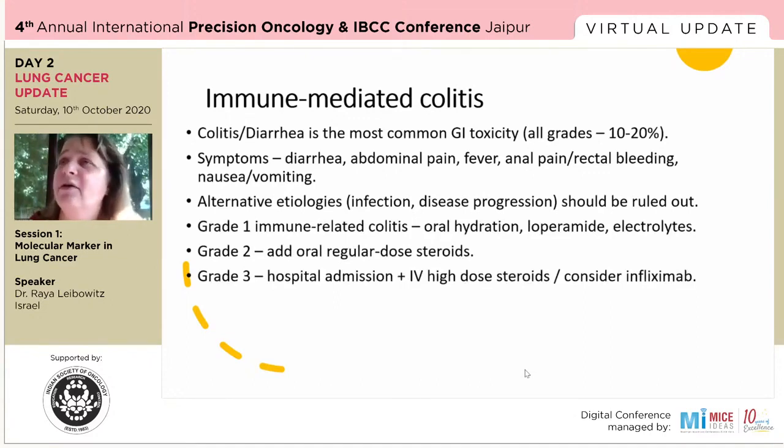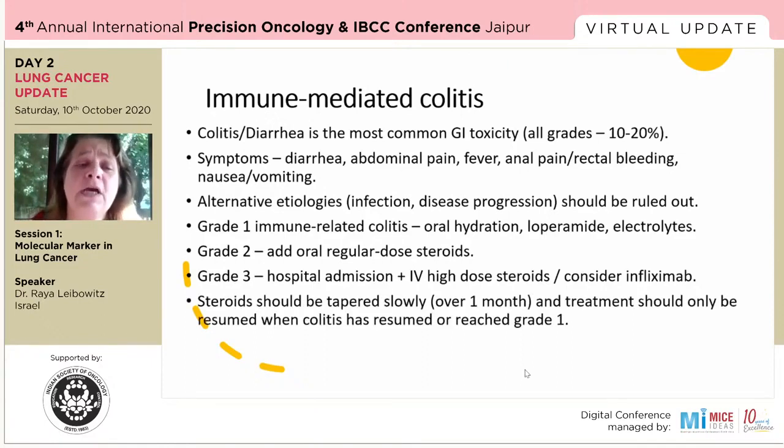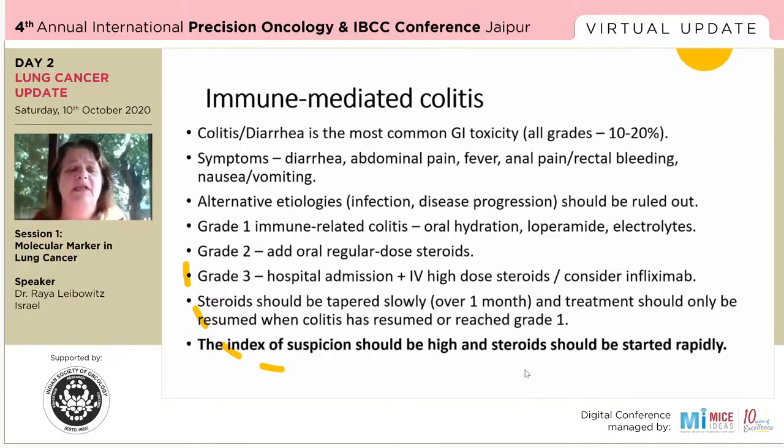Not necessarily every colitis has to be admitted. If it's a grade 2 colitis and you have a good way of managing your patient, then you don't have to necessarily admit him. But of course, if it's a grade 3, you must admit the patient. You must give IV high-dose steroids, and even consider infliximab, an anti-TNF antibody, if the diarrhea does not resolve. And again, we're talking about the slow taper.